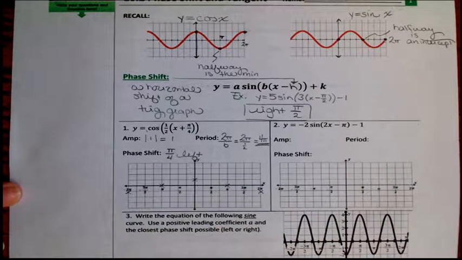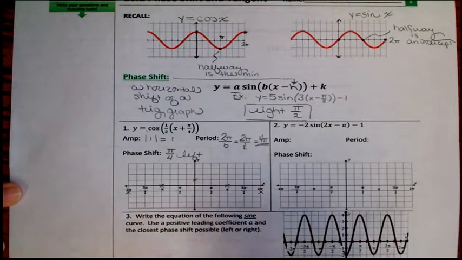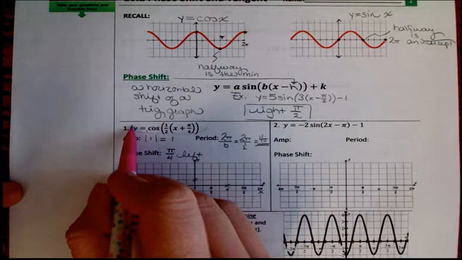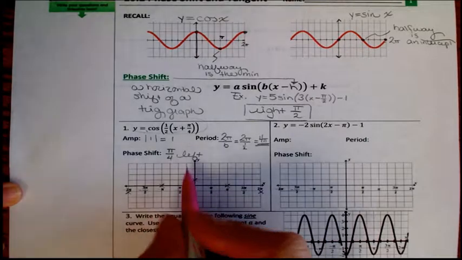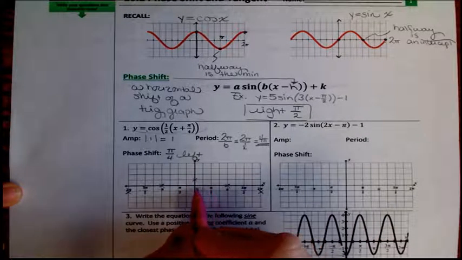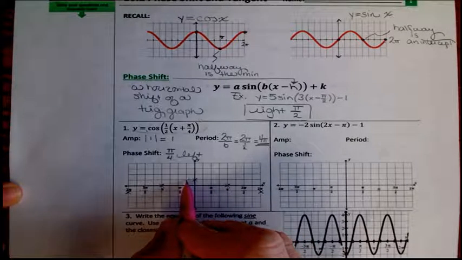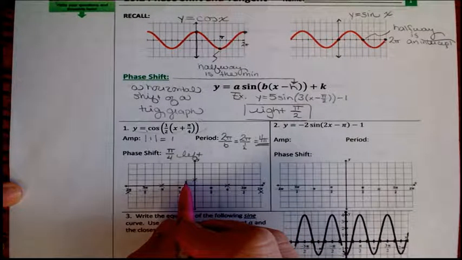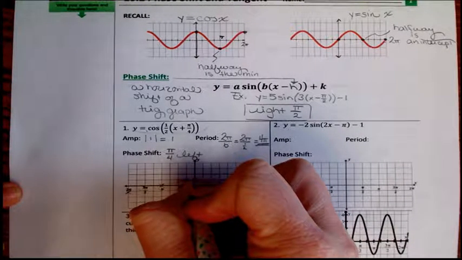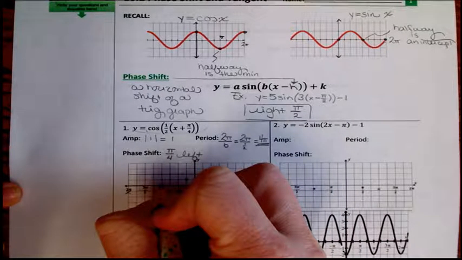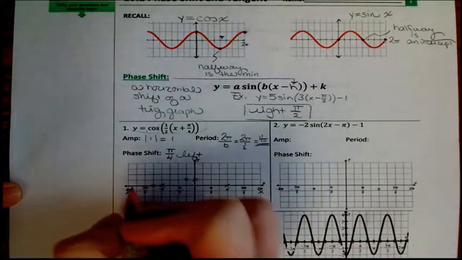Now what we're going to do is move these little x's, and we're going to actually plot points for this graph pi over 4 units to the left. Well, pi over 4 is halfway between 0 and pi over 2. So really it's just one of these little divisions here. We're going to move this point over pi over 4 units, just 1 over. We're going to move this one over.